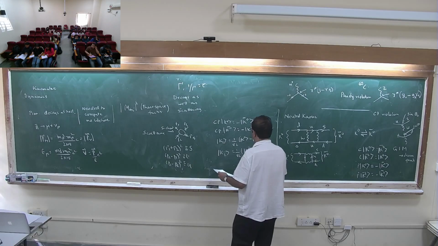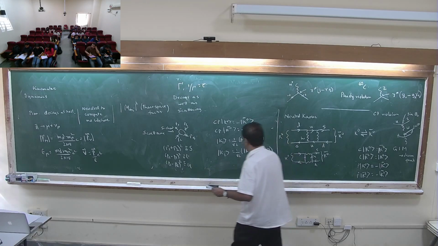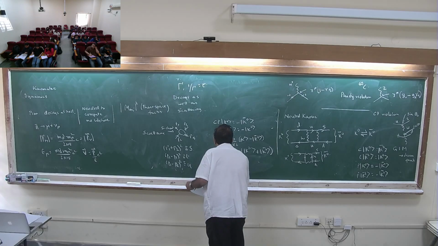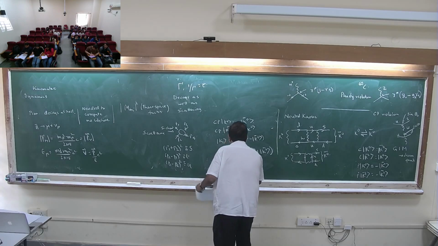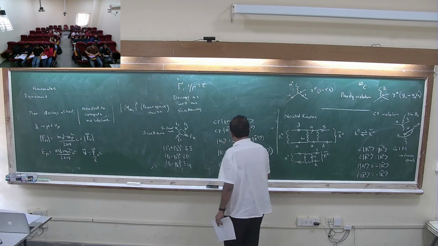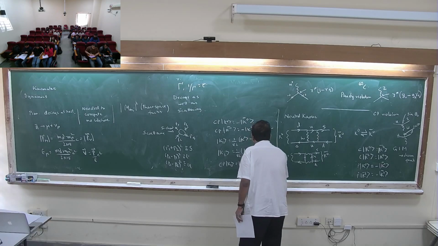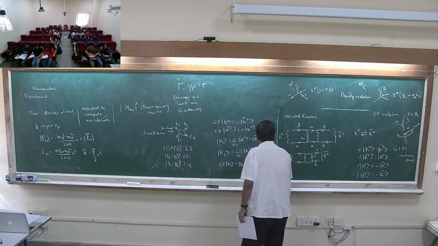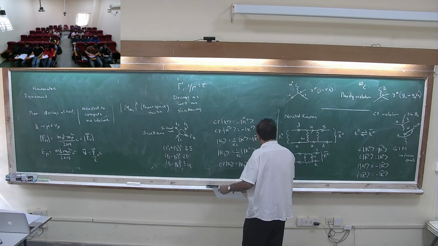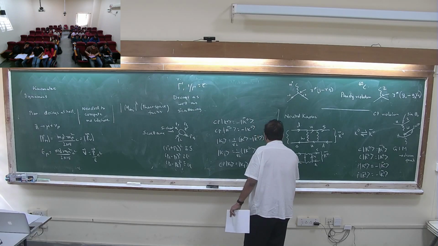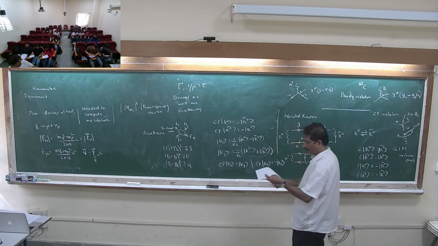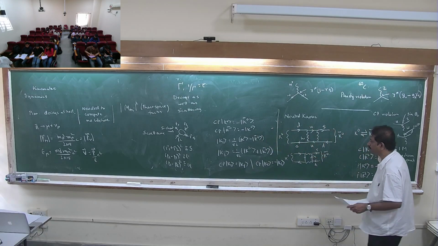Just two linear combinations of these two. And you will see immediately that CP acting on K1 is equal to K1. So now it's an eigenvalue equation, and CP acting on K2 is minus K2. Okay, minus K2.